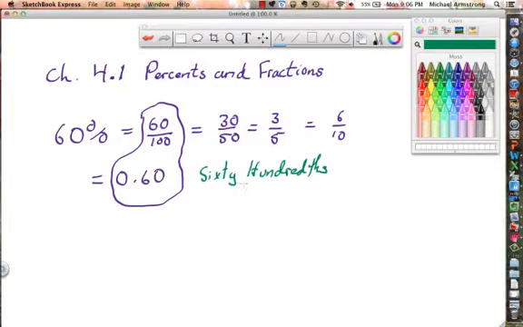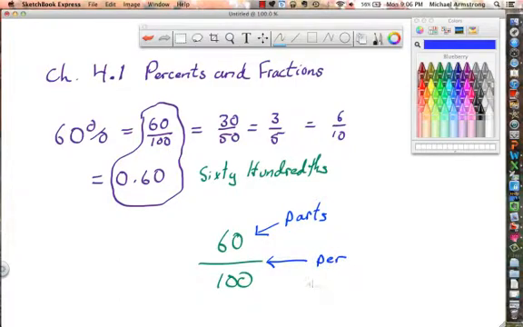We look at the fraction 60 over 100, and we need to notice that this top number is talking about how many. We'll call it parts. That's what the book calls it. The fraction bar is the word per. And down here, obviously, it's 100.